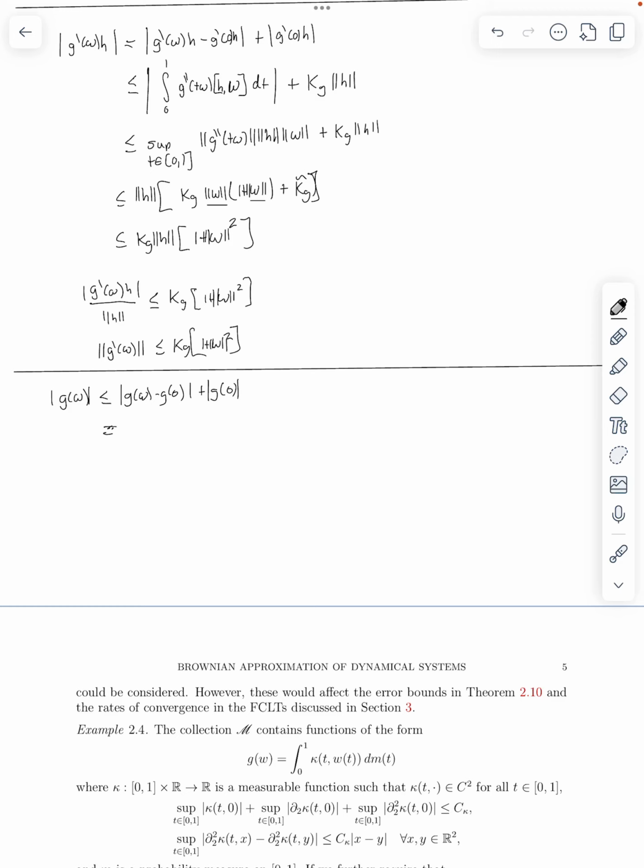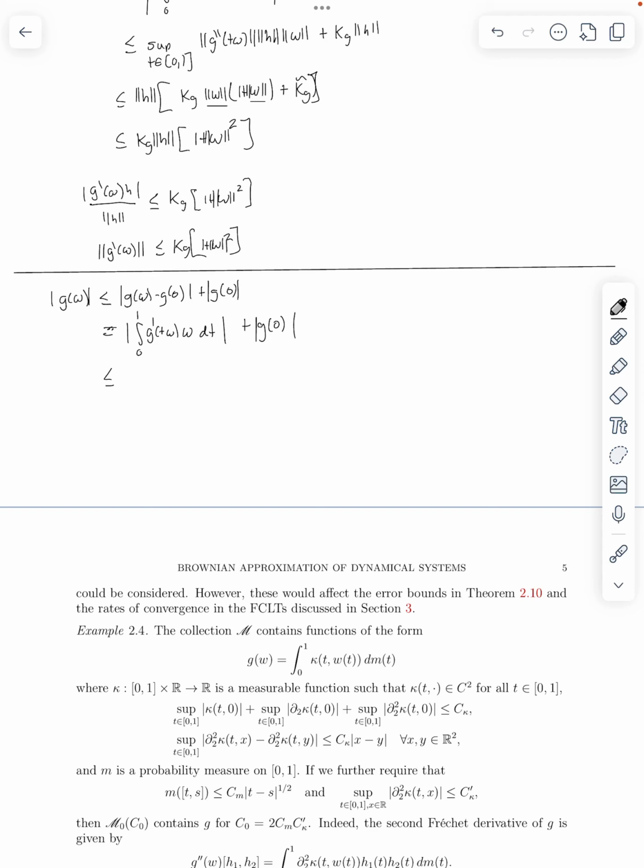This is equal to the integral from 0 to 1 of G prime of TW times W dt plus G of 0, which is less than or equal to the supremum over T in [0, 1] of G prime of TW times magnitude of W plus k_g, which is less than or equal to the supremum over T in [0, 1] of 1 plus TW squared times magnitude of W plus k_g, and I hope it's pretty easy to believe at this point that this is less than or equal to 1 plus W cubed.